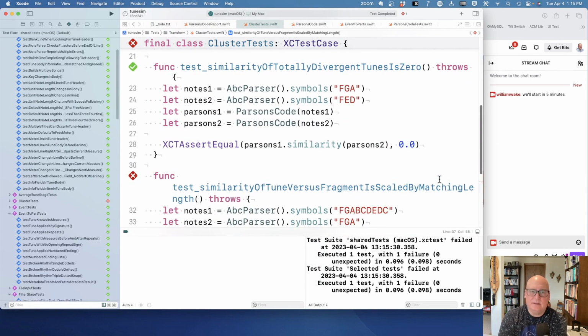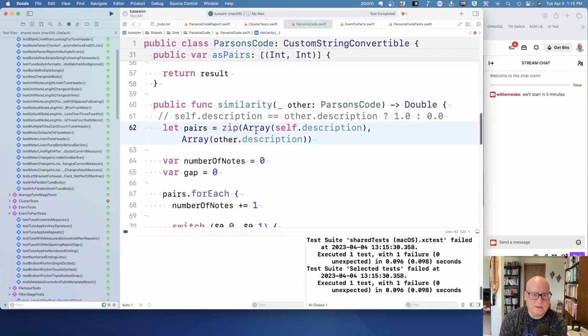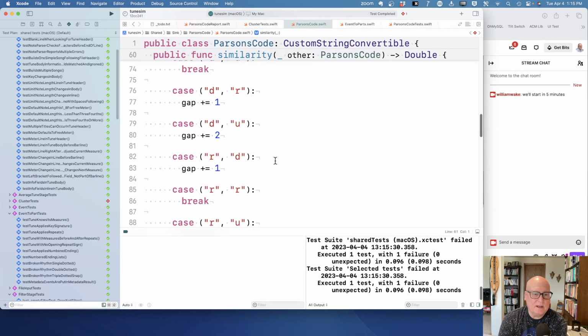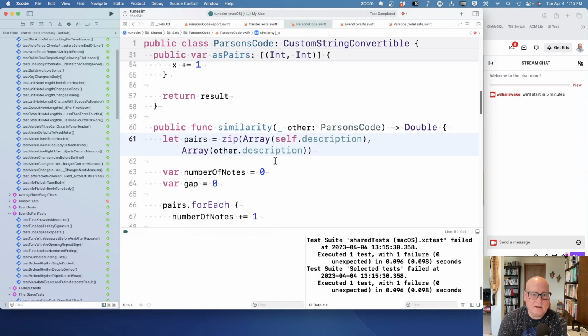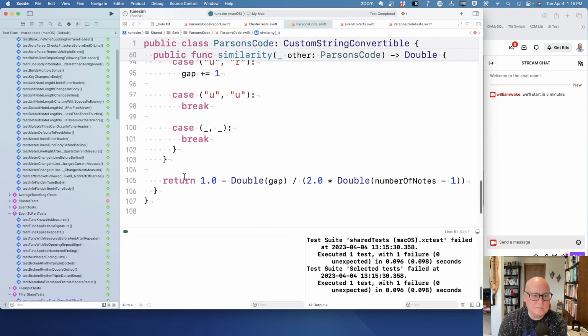Okay. Now, so I believe what I want to do then, let's see, I think we've moved beyond this. All right, we've paired them together.